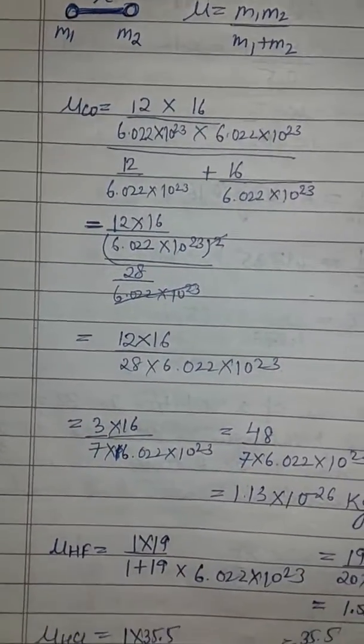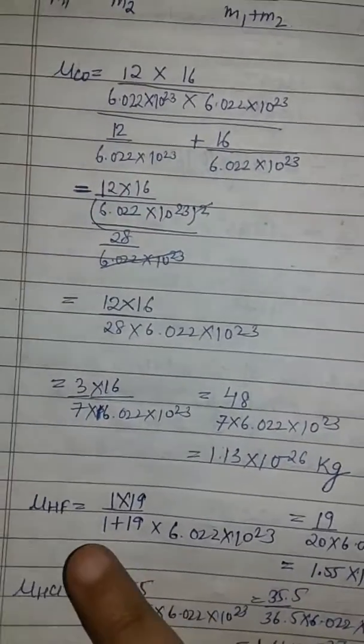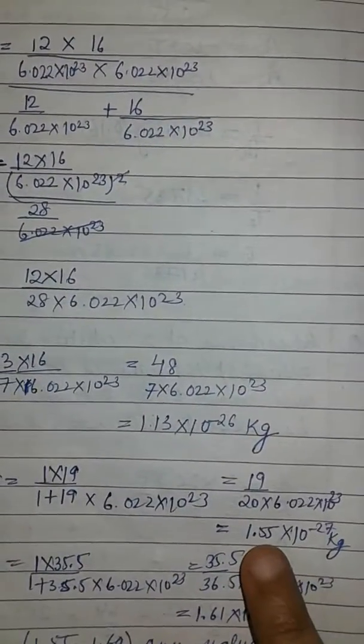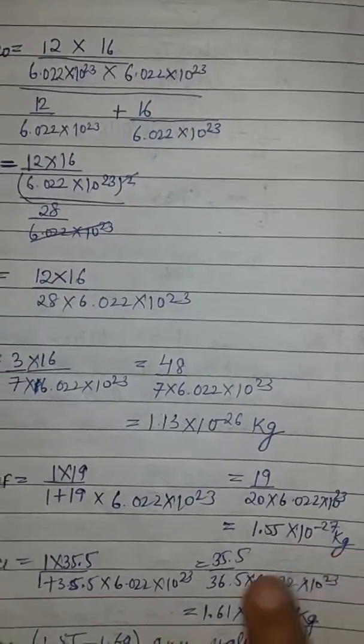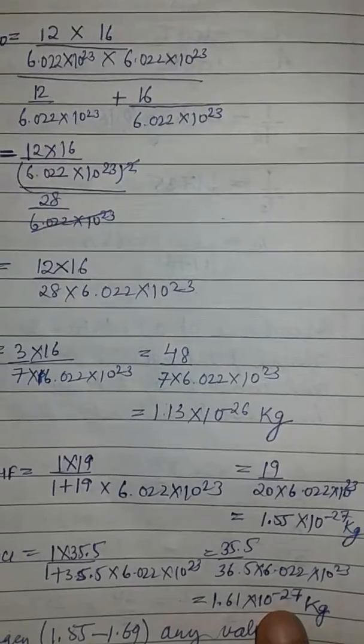And if we solve for HF and HCl, we'll get the value for HF as 1.55 into 10 raised to minus 27 kg, and for HCl we get 1.61 into 10 raised to minus 27 kg.